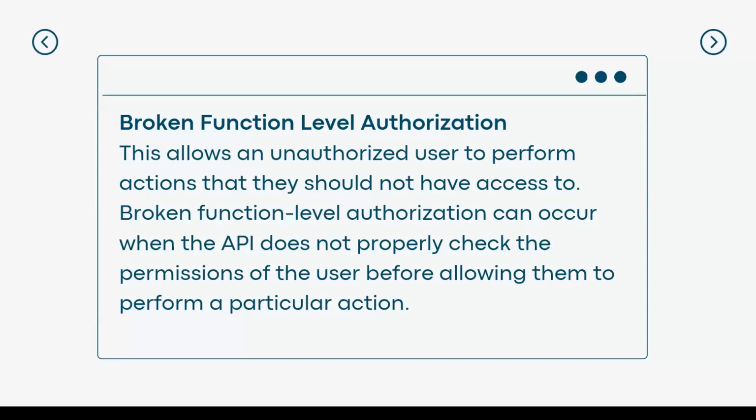That means these actions can only be performed by an admin or people with higher privileges. But a mere user is performing that action, like deleting a particular user or updating a particular product of another person's account. So broken function level authorization can occur when the API does not properly check the permissions of the user before allowing them to perform a particular action.